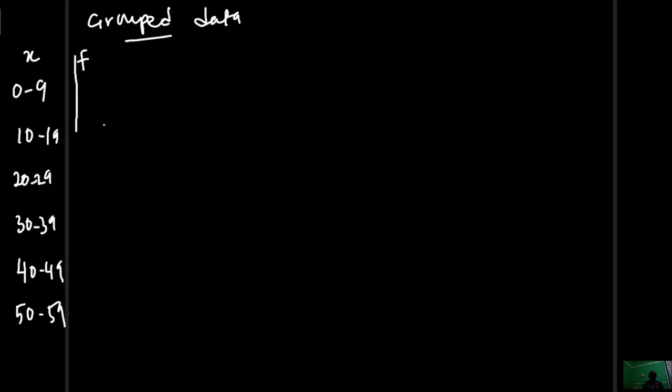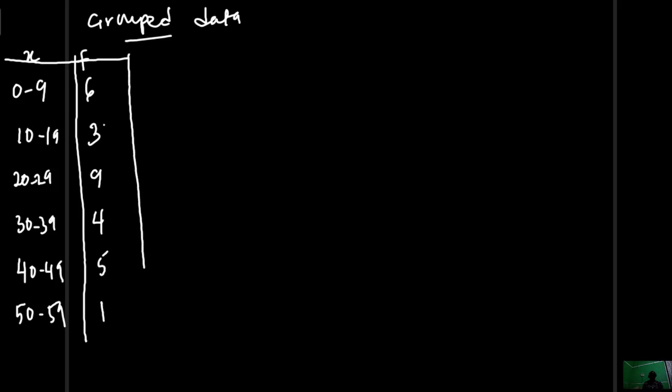Then we have our frequency, which is 6, 3, 9, 4, 5, 1. Because it's grouped data, we add class boundaries.